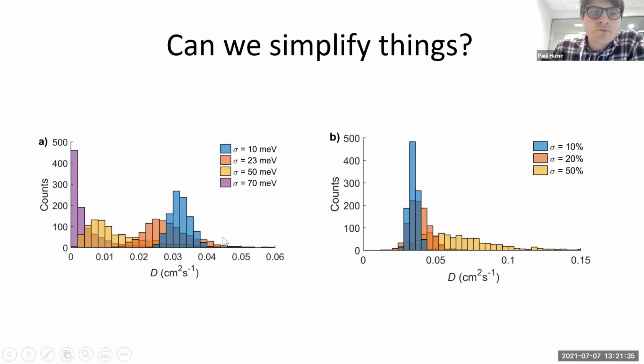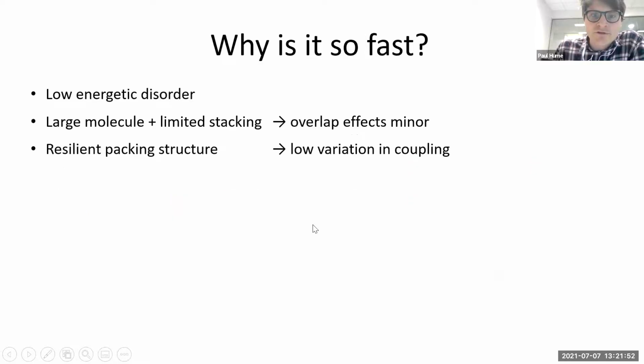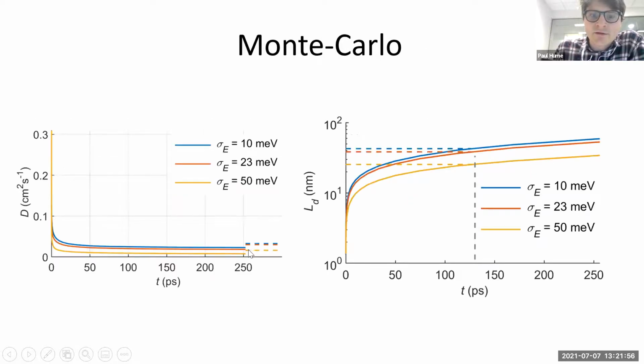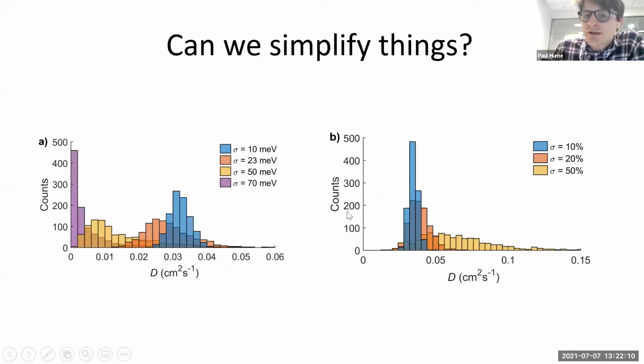And it turns out that if you do that, you can get pretty good predictions of how the diffusivity changes with, so this here is different levels of energetic disorder, and this is different levels of coupling disorder. And if I just go back, these dashed lines here were the predictions from the quick and dirty way of predicting the diffusivity. I just included that because it speaks to the point I had earlier about the question as to, can we use it for virtual screening? So this was a very tentative step in that direction.